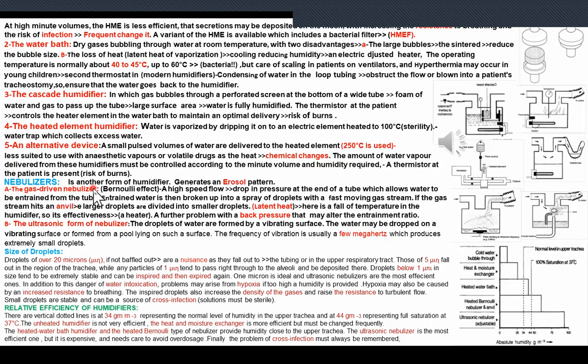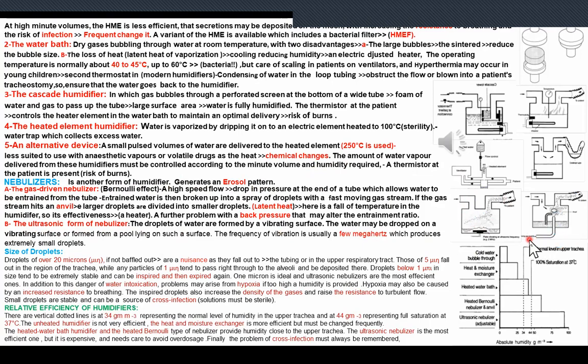Nebulizer is another form of humidifier, but it creates an aerosol pattern. It makes aerosol. So we have two types, the gas-driven nebulizer and the ultrasonic nebulizer. These are the two instruments used as nebulizer. First of all, the gas-driven is based on the Venturi effect or the Bernoulli effect.